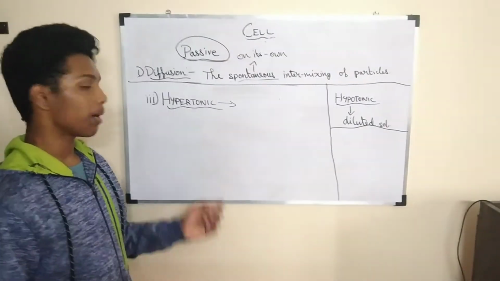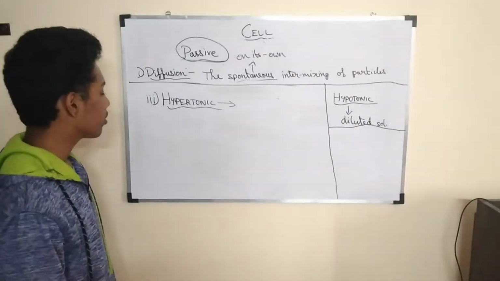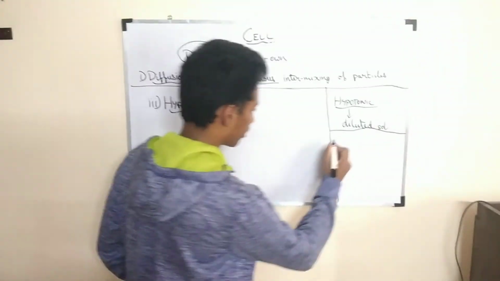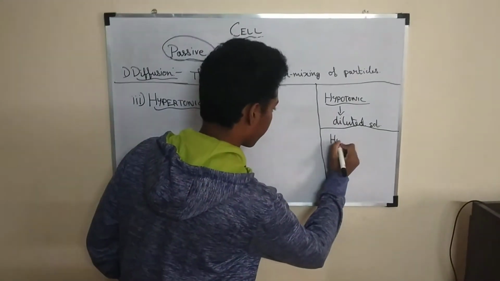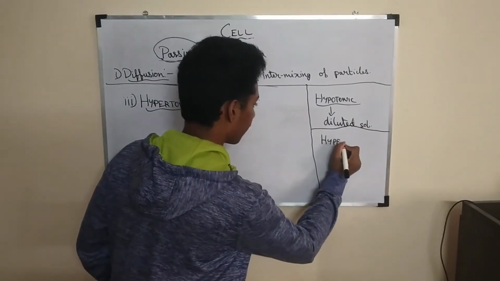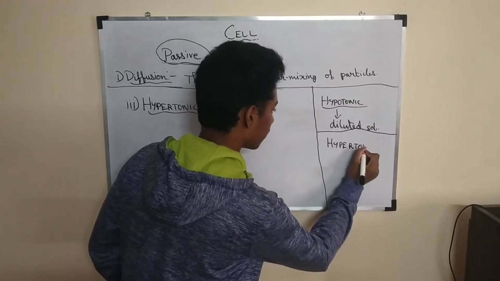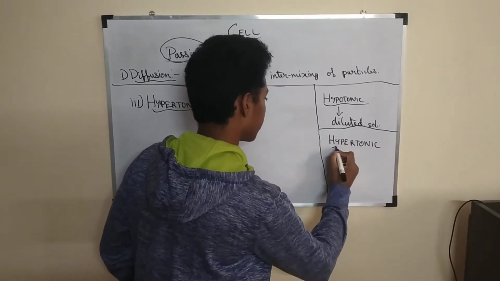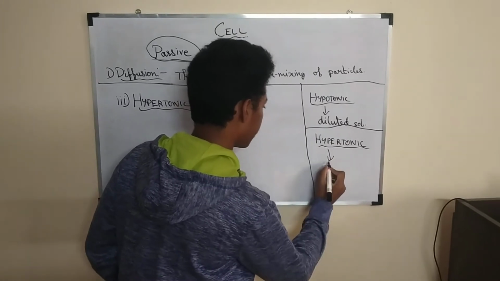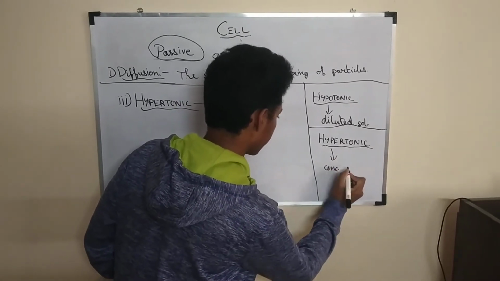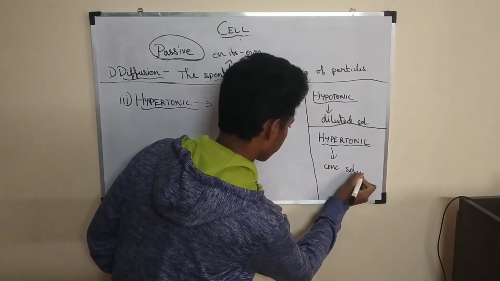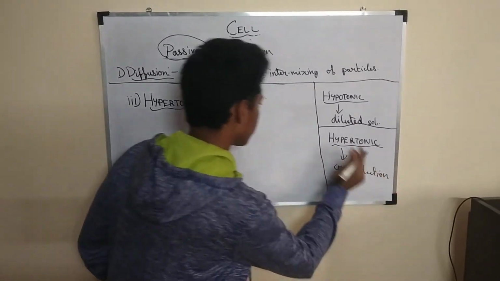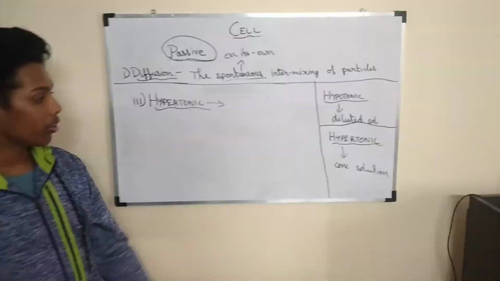So this is completely opposite to the hypotonic solution. Let's write it here. Hypertonic. This is a concentrated solution. So hypotonic is a diluted solution, and hypertonic is a concentrated solution.